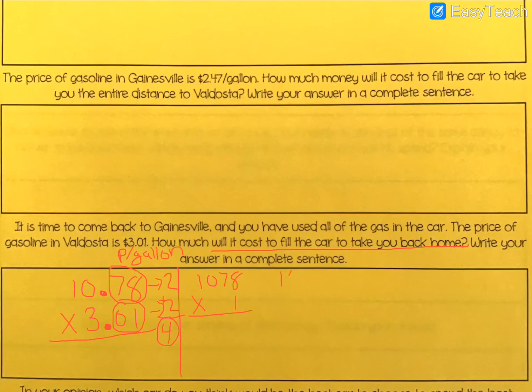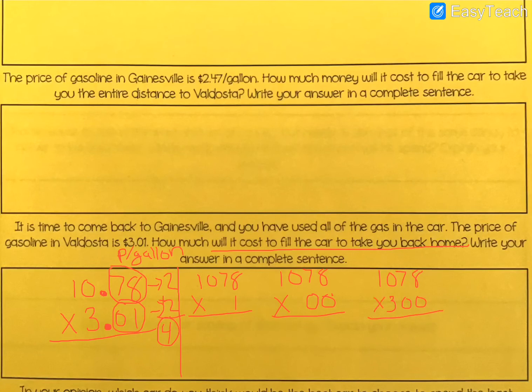Then we'll do 1,078 times 0. And since that 0 is in the tens place, we can make this first 0 that we added serve as a placeholder, and then put that other 0 in the tens place just for consistency purposes. Then we'll do 1,078 times 300. We're going to treat the 3 as if it's in the hundreds place, and then we'll multiply.